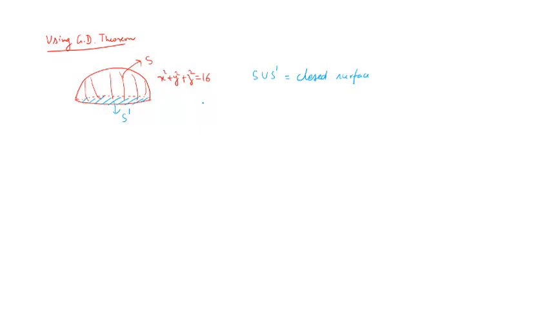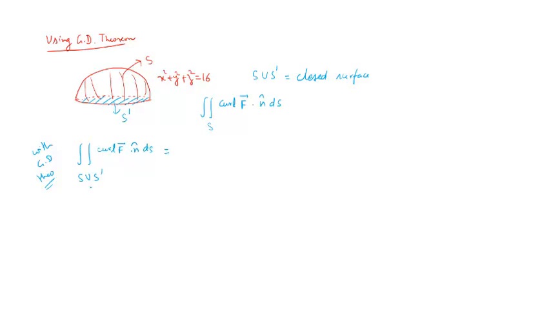And we have to find the integral of curl f dot n ds over S. But with the help of Gauss Divergence theorem, we will be able to find the surface integral of curl f dot n ds over S union S dash, because S is not a closed surface, S union S dash is a closed surface.